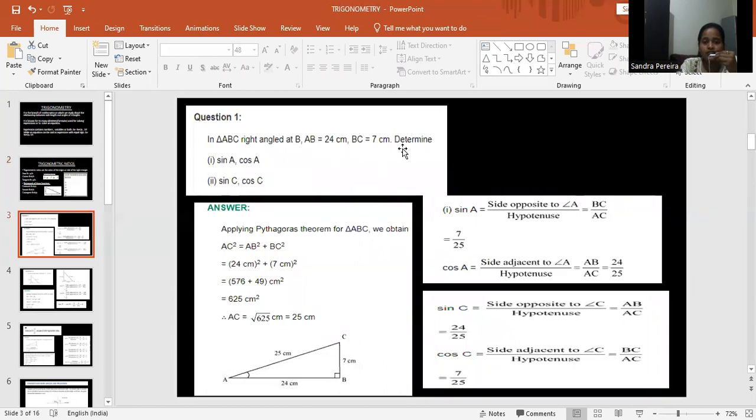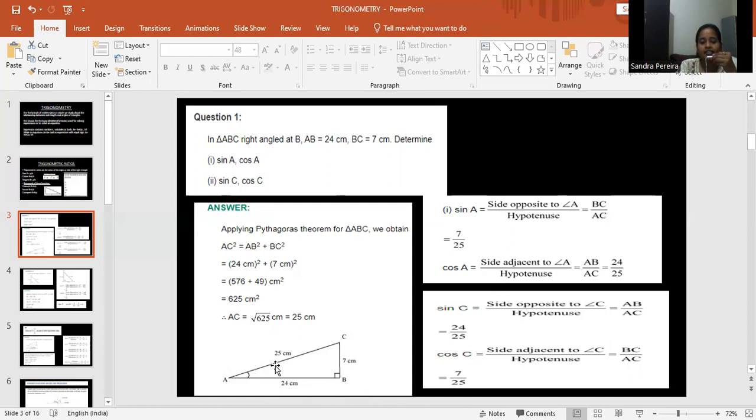As you know, these are given. We know that this is a right angle triangle at B. AB is the side 24 centimeter, BC is 7 centimeter. In order to find AC, we will use Pythagoras theorem.